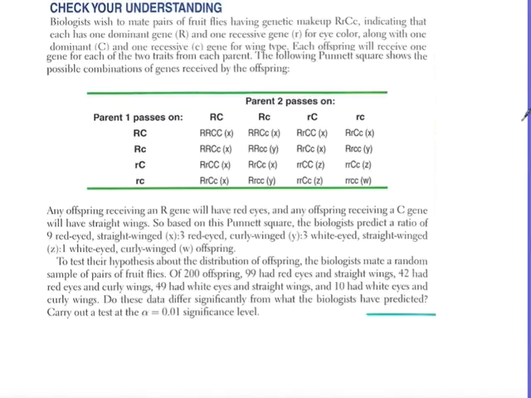To test their hypothesis about the distribution of offspring, the biologists made a random sample of pairs of fruit flies. Of 200 offspring, 99 had red eyes and straight wings, 42 had red eyes and curly wings, 49 had white eyes and straight wings, and 10 had white eyes and curly wings. Do these data differ significantly from what the biologists have predicted? Carry out a test at the alpha equals 0.01 significance level.